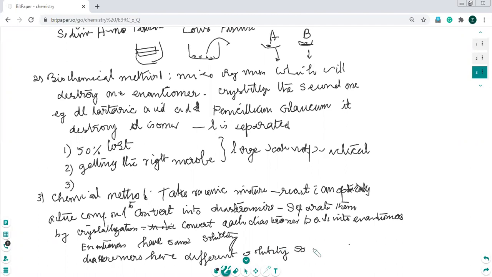So one component can be crystallized out.